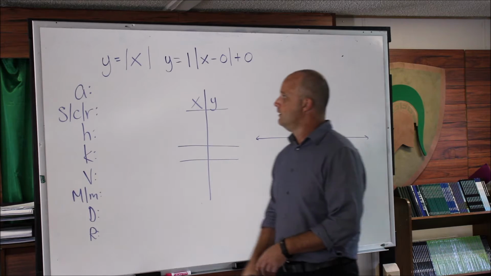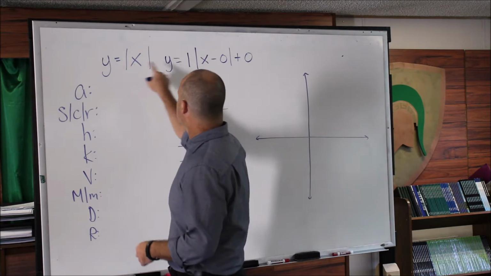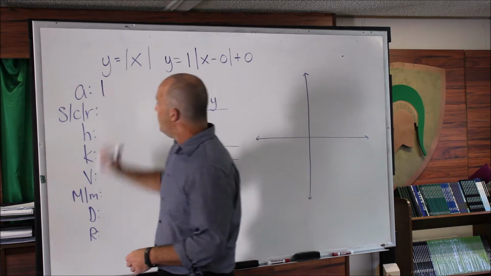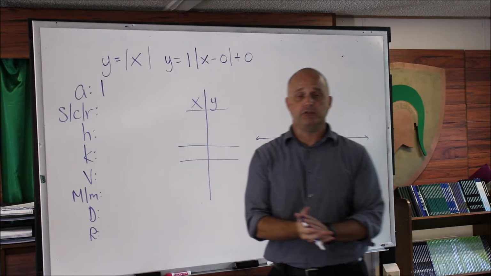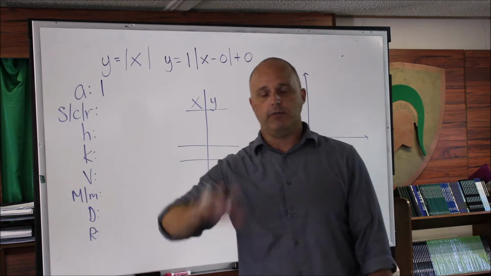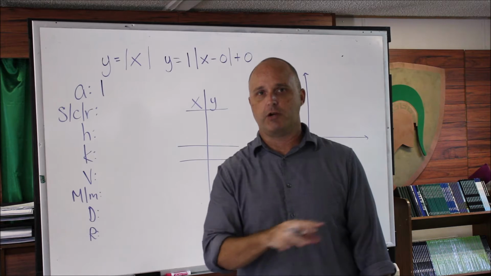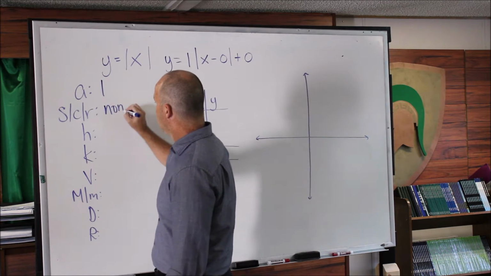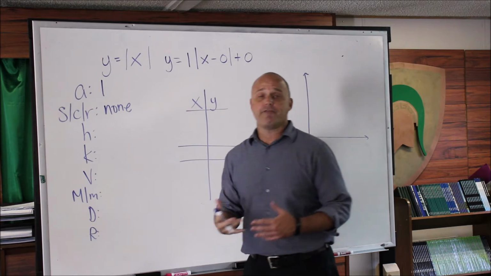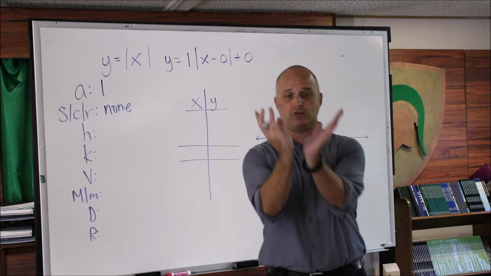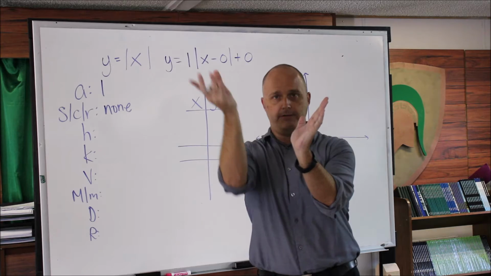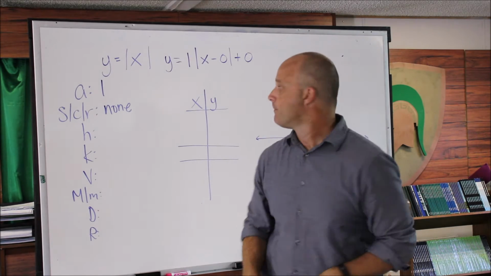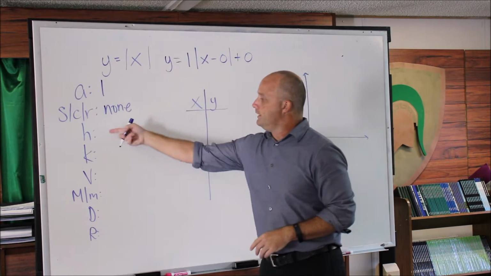So now this might make it a little bit easier to fill out all the information that's going to be required of you. So we know that our a value is 1. Now if the a value is 1, we automatically know the answer is always going to be, for stretch, compress, reflect, none. There is nothing that we're going to do to this graph based off of the a value. So it's going to look like this, 2 45-degree angles, and that's it. Then we're looking at the h value.